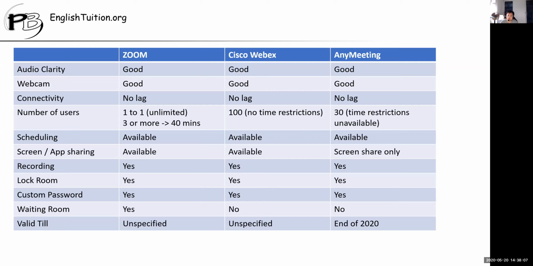And setting up an additional G Suite account just so that you can have access to Google Meet takes an additional number of steps, so it's not as easy as setting up Zoom and Cisco Webex.